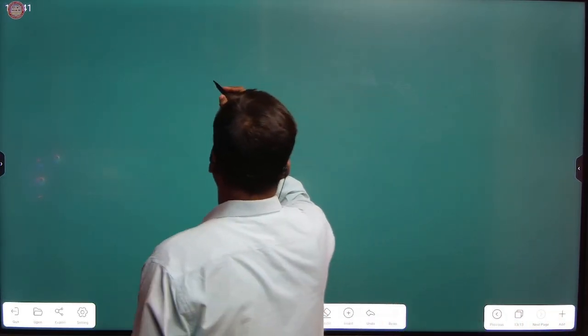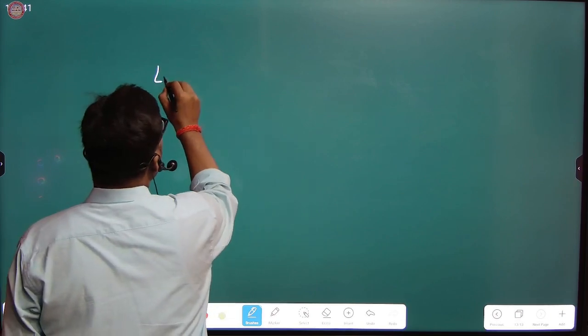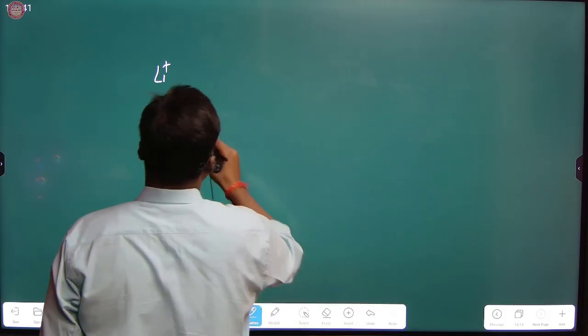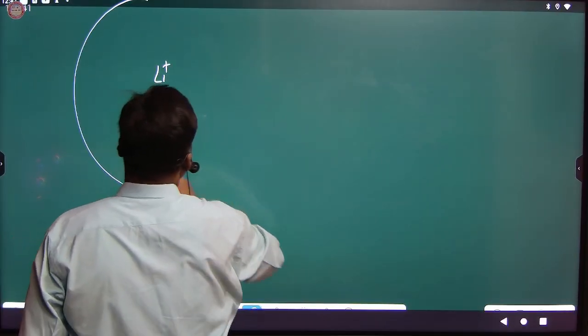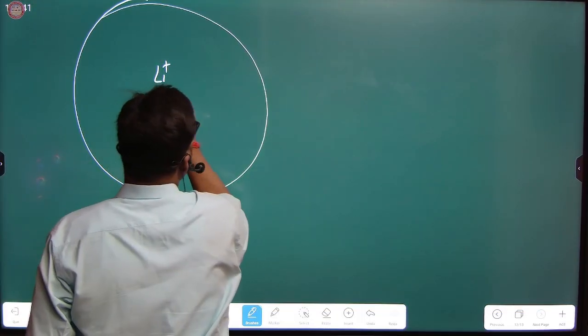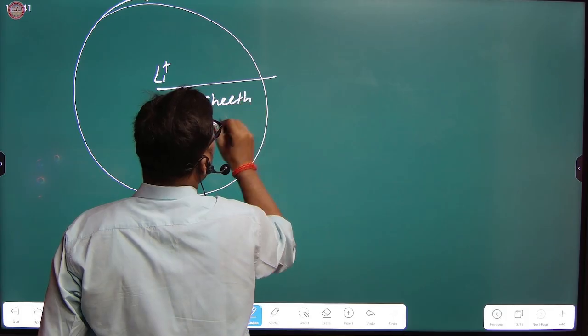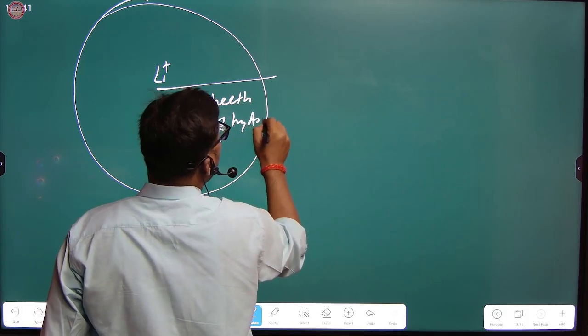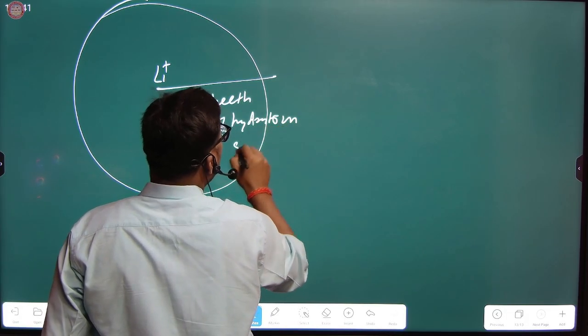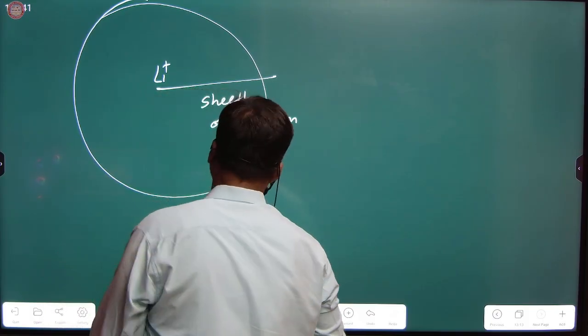Because of its small size, it has a sheath of hydration cell, and that is very high.